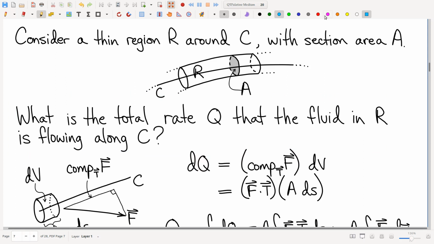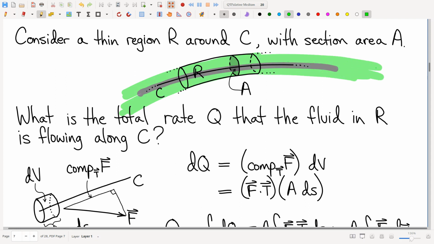Here's the scenario that we have. We have some curve, and I want to entertain the idea of there being a fluid in the vicinity of our curve, specifically as defined by looking at this cross-sectional area.